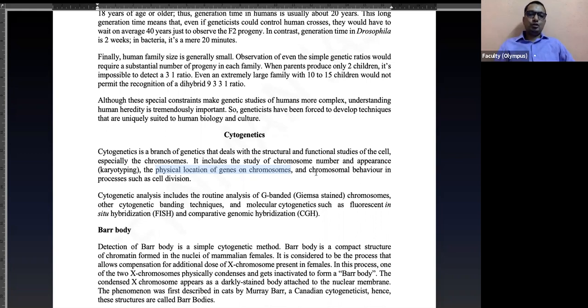Next, chromosomal behavior, like non-disjunction, for example. How are they separating from each other? So studying chromosomal behavior, for example, during cell division. So these things come under the cytogenetics part.